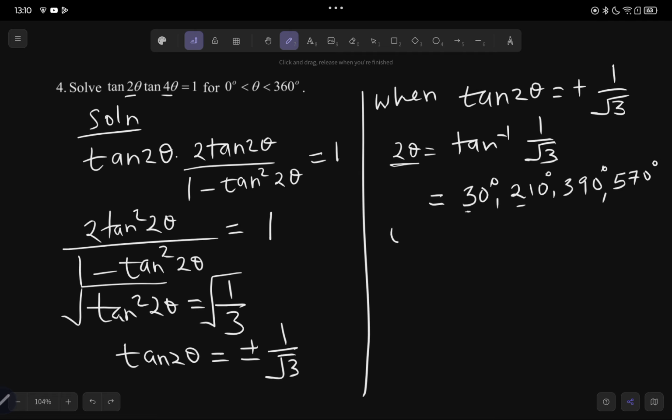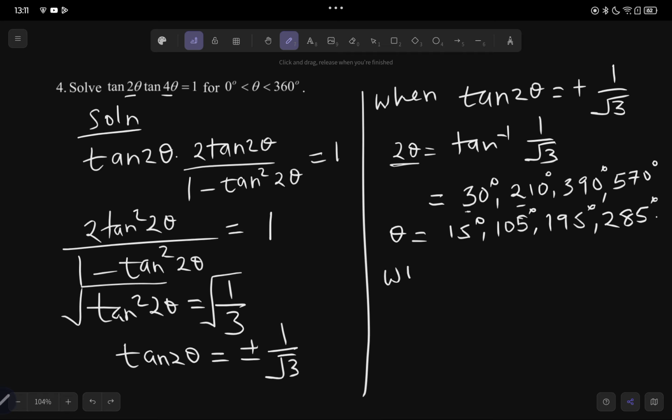Which means our theta in this case is 15 degrees, 105 degrees, 390 divided by 2 gives 195 degrees, and 570 divided by 2 will give us 285 degrees.